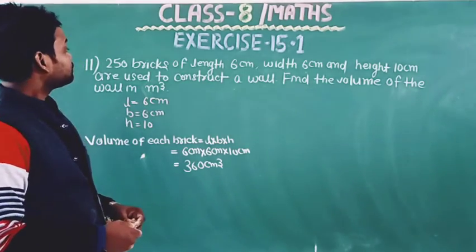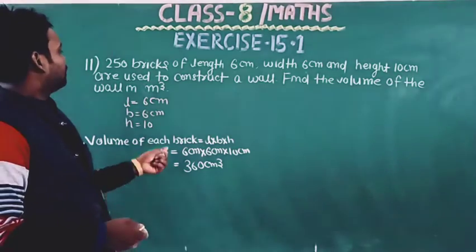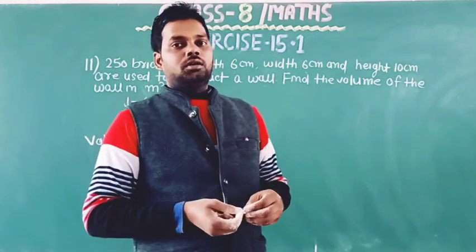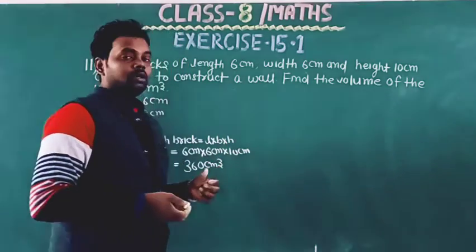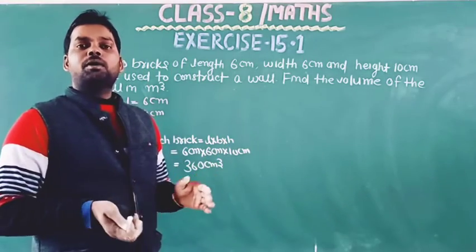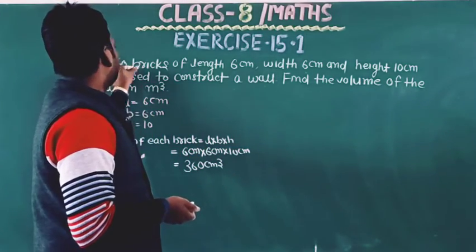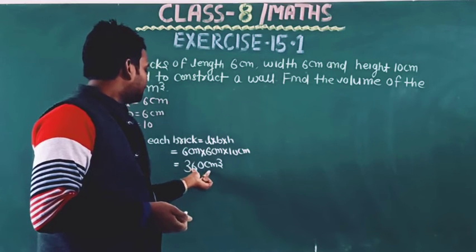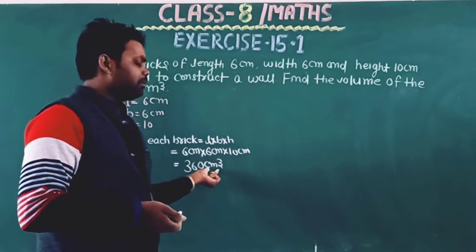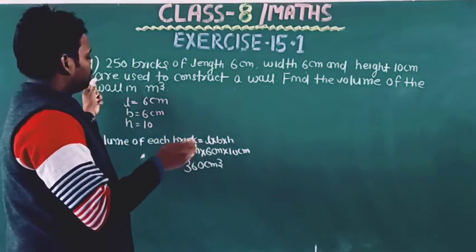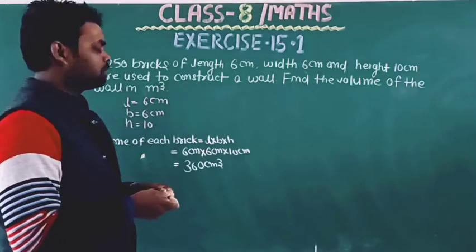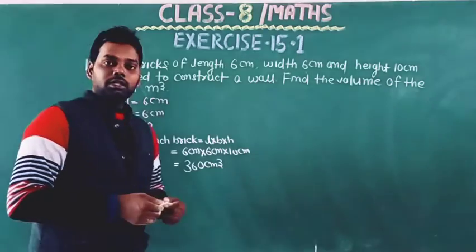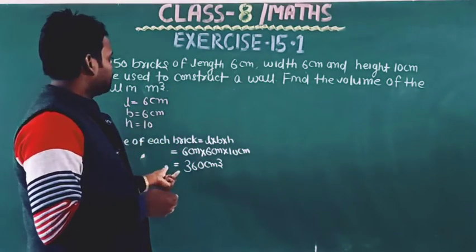Then we have to find the volume of the wall in meter cube. The wall is formed by 250 bricks, and we have found the volume of one brick equal to 360 centimeter cube. So to find the volume of 250 bricks, we have to multiply 250 by 360. So we get the total volume of the wall.